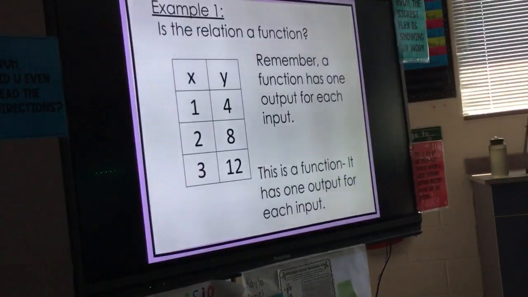So please make sure you write, yes, this is a function, it has 1 output for each input on your paper. All right, thumbs up when you are ready to move on.